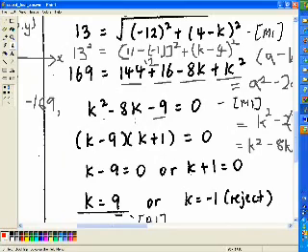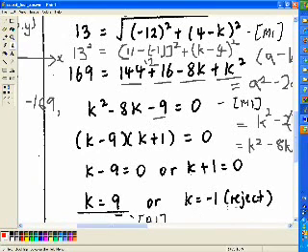You get (k minus 9)(k plus 1). Since this multiplied by this will give you 0, either one of them will be 0, because anything multiplied by 0 will give you 0, correct? That's why the step is written like this. And because of these two relationships, k is equal to 9 or k is equal to negative 1.